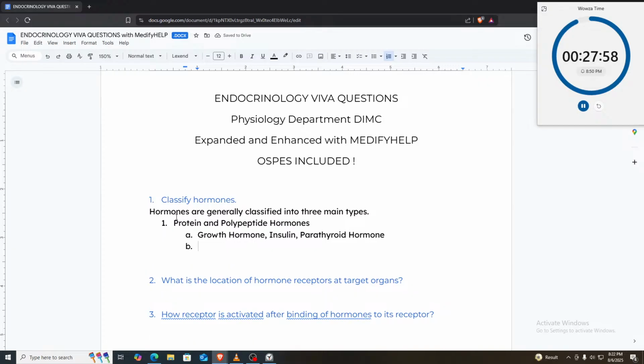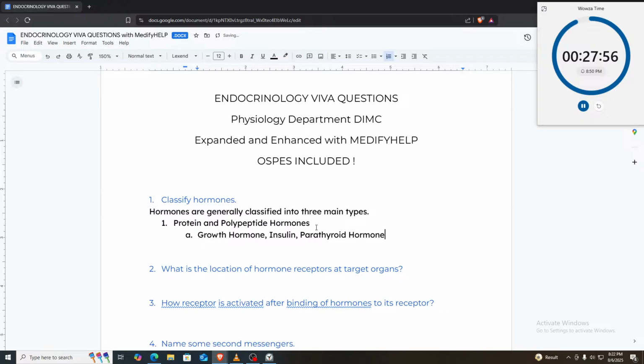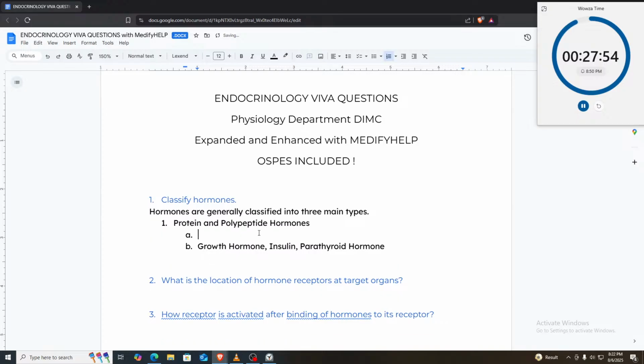And what would be the distinguishing factor? They are water soluble, of course. That's a pretty good point, and that's basically it. I don't think we need to go into more detail.